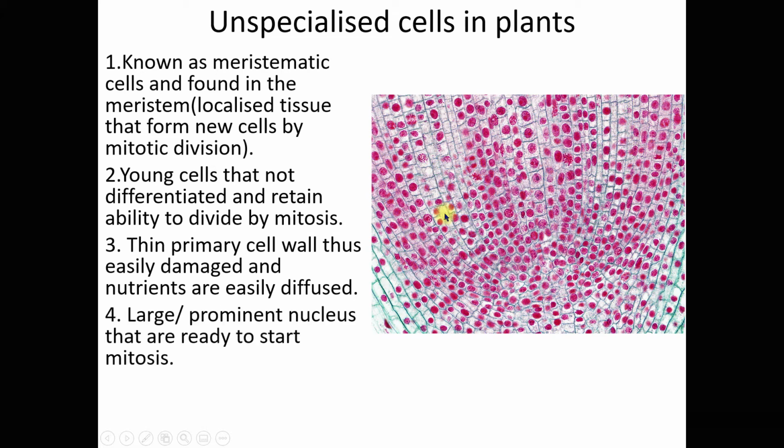Another prominent feature of the meristematic cell is its nucleus, which is very large and prominent. Prominent means very obvious, ketara kan, nucleusnya besar-besar dan sangat ketara. The nucleus is large to make sure the meristematic cells are ready to start mitosis. The meristematic cells are compact and close together, with almost no spaces between them.